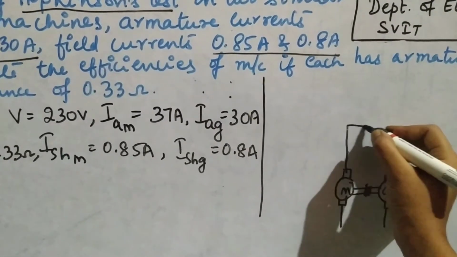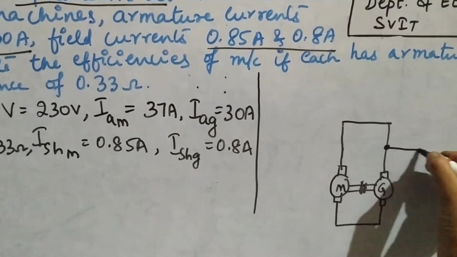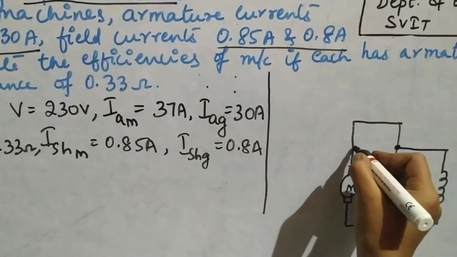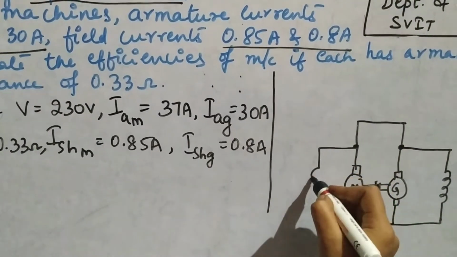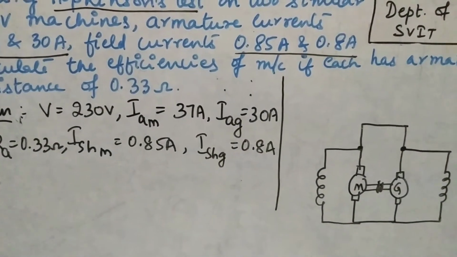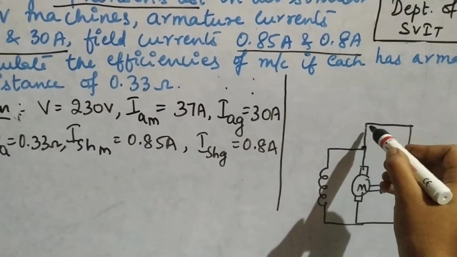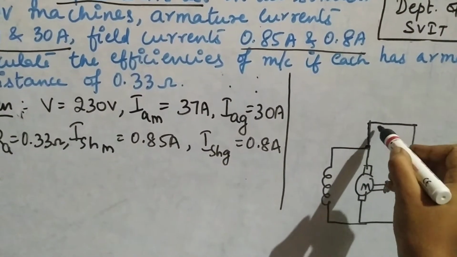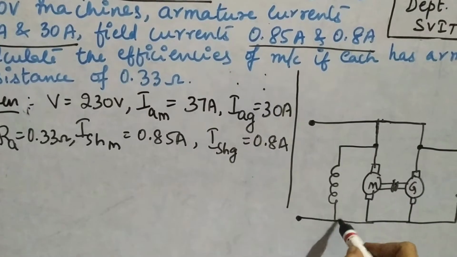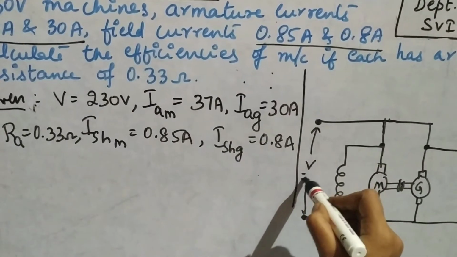I am going to close this switch here, and here I write the field winding, the respective field winding of the motor. As usual, there was a switch during the theory we were discussing, so I am going to close that path directly. Here the line current will enter, and this is the voltage, that is 230 volts.